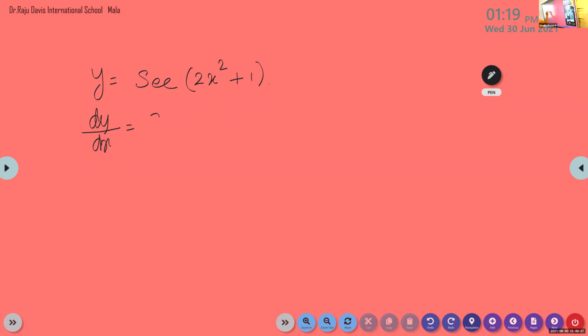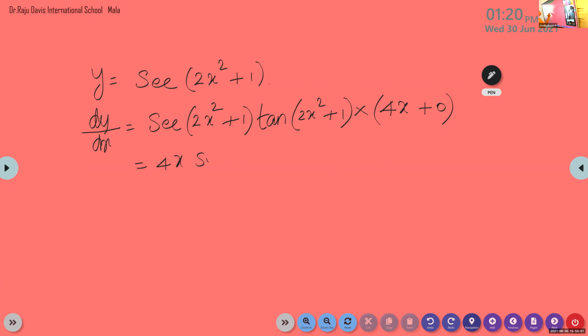So here sec 2x square plus 1, if you differentiate, it is sec of 2x square plus 1 tan of 2x square plus 1 into the derivative of 2x square. We will get 4x plus 0. Function of function rule. Within the function we have another function. So we get 4x into sec of 2x square plus 1 tan of 2x square plus 1.